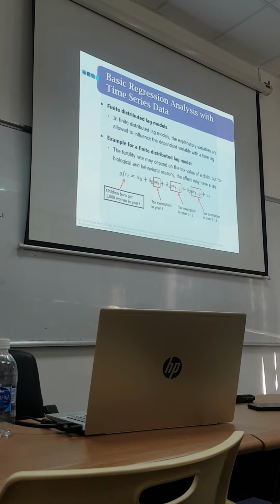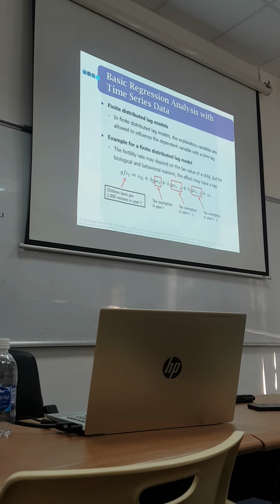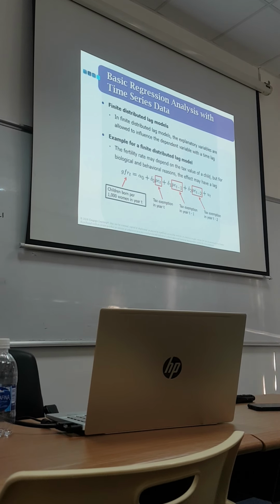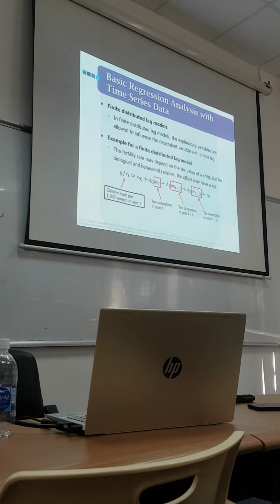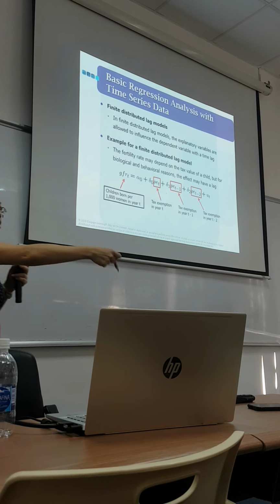So it can have both the contemporaneous as well as the lag variables. So only one variable, x1, and then you've got x1 t minus 1, and then maybe t minus 2, t minus 3.